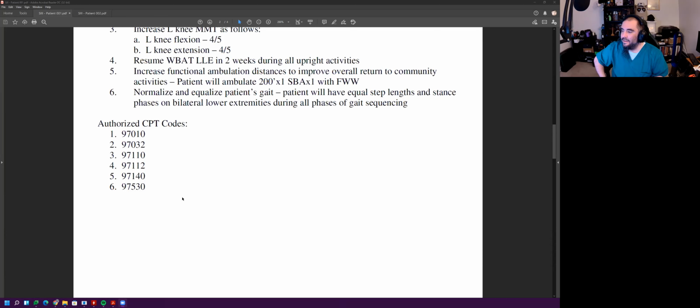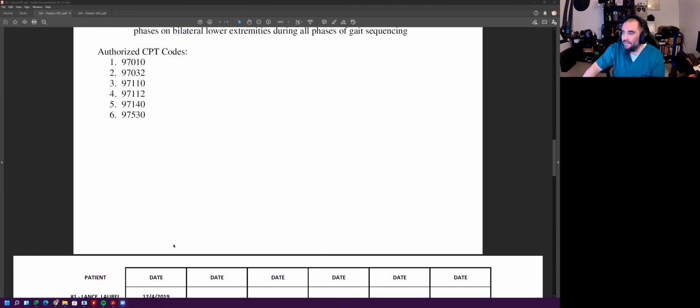Which one's Therex? Anyone know which one Therex is? I think manual therapy is 97140, if I remember correctly. Again, I don't deal with these, so I have to study them before I teach you these in fifth semester.